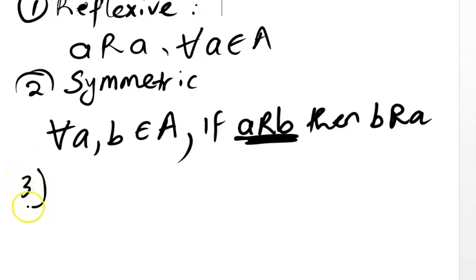Now, the third property that we look at is transitivity.